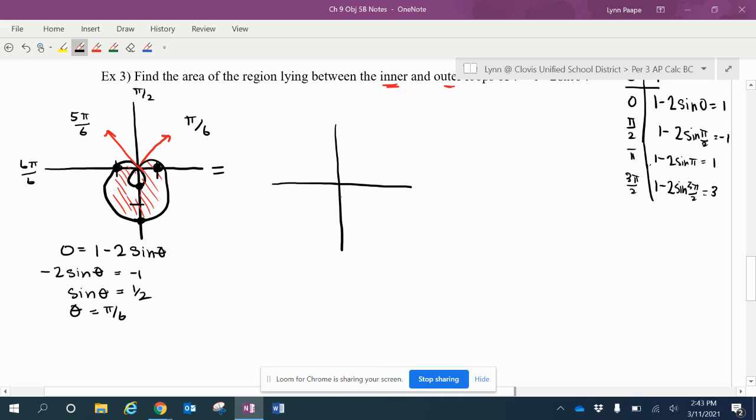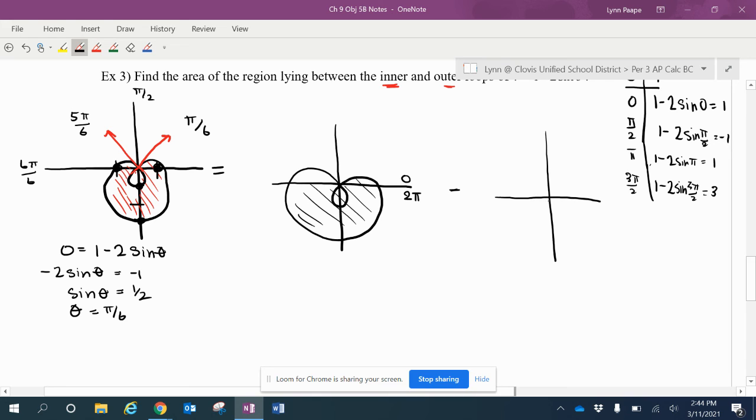One of the things I could do is find the area of the whole thing, starting at 0 and ending at 2 pi. Then I can find that total area, and then I want to subtract that inner loop piece.